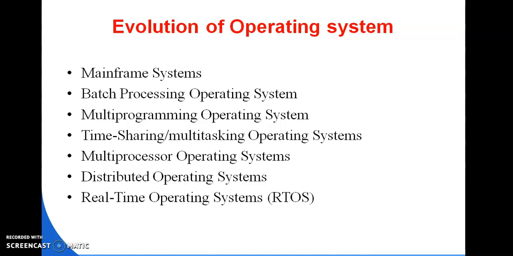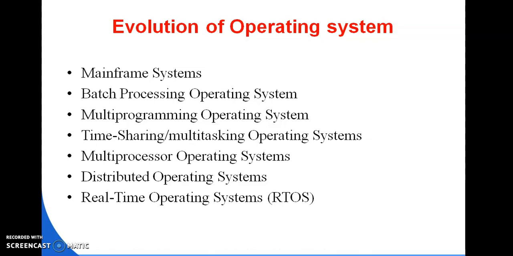Processes having similar needs, that means similar types of inputs and outputs, there is some similarity. So the operating system batches or groups them and runs them through the computer as a group. That is the main technique behind this batch processing operating system.